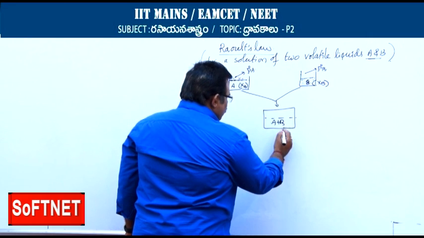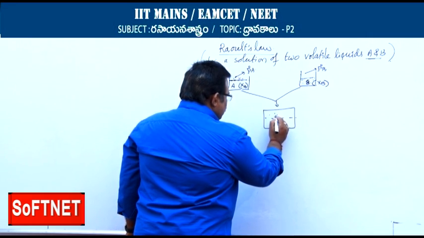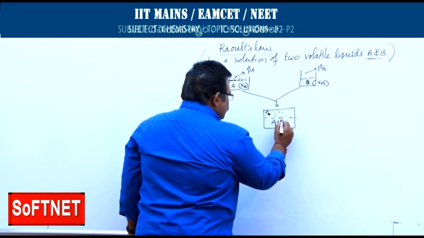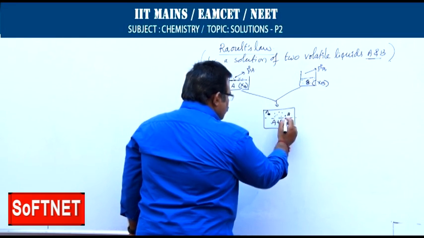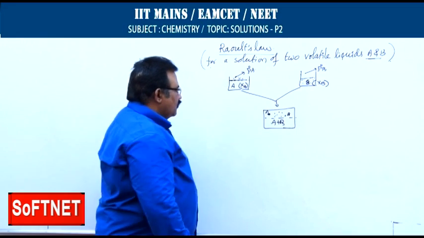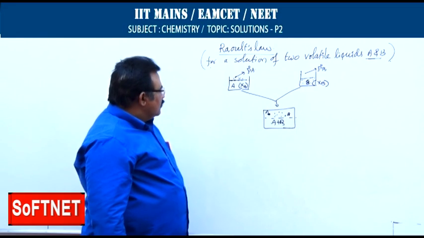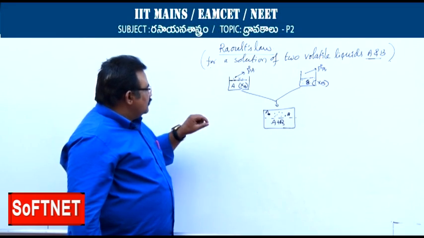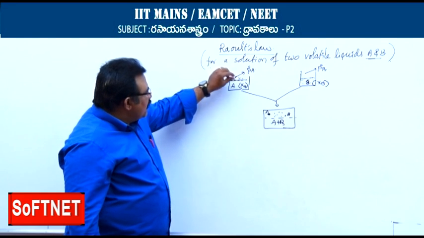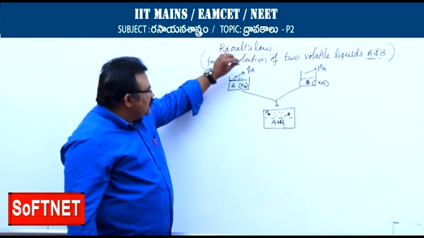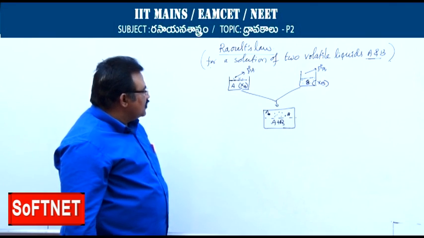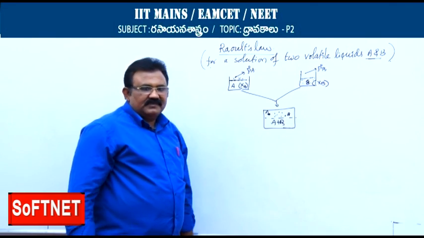In this solution, some A particles and some B molecules will come as vapor. According to Raoult's law, the vapor pressure of each component is directly proportional to its mole fraction.